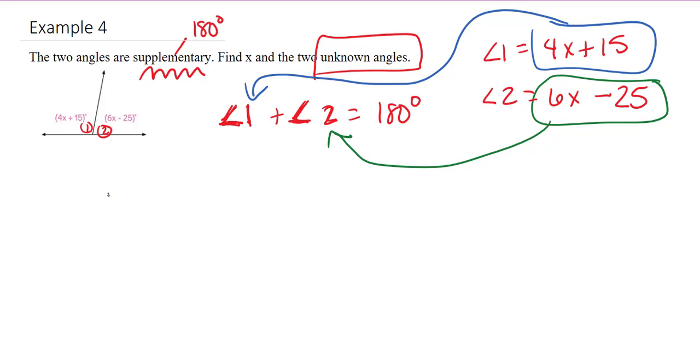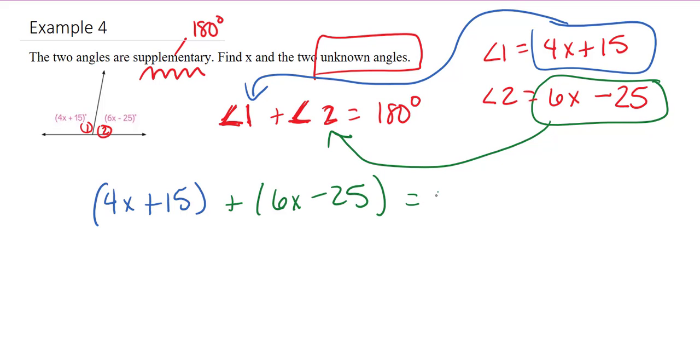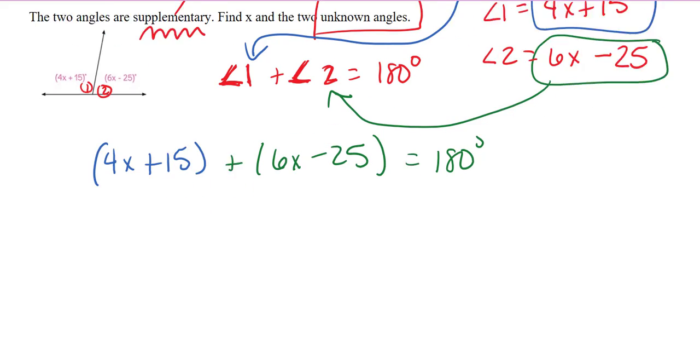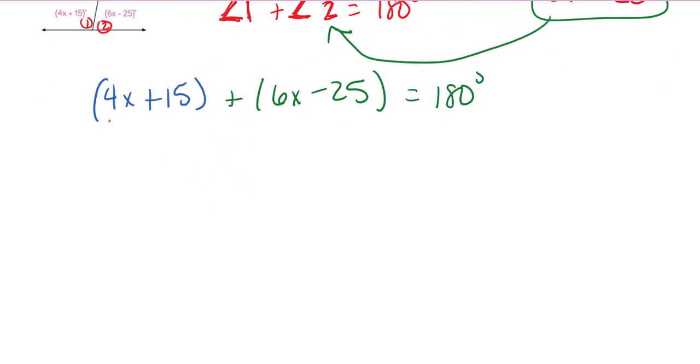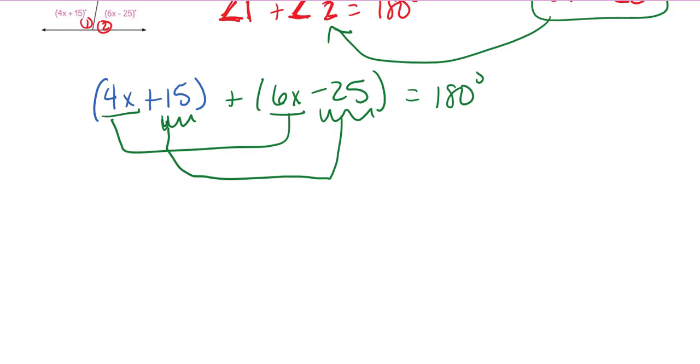So we have 4x plus 15 instead of angle 1. And for substituting for angle 2, we get plus 6x minus 25, which is equal to 180 degrees. Now what we need to do is add up the common terms. So the first thing is 4x plus 6x is equal to 10x.